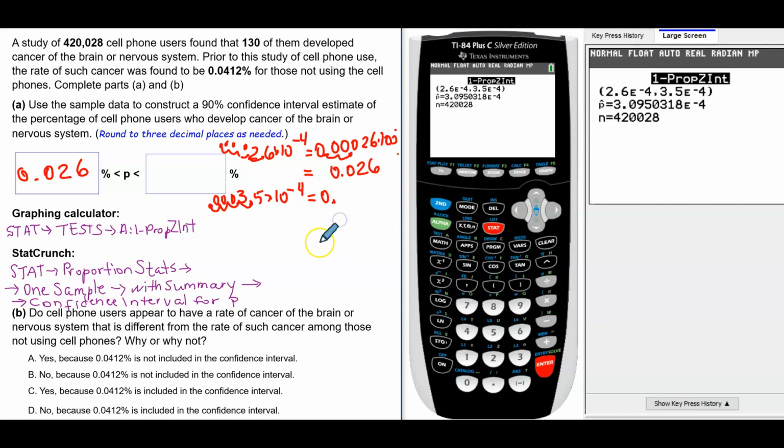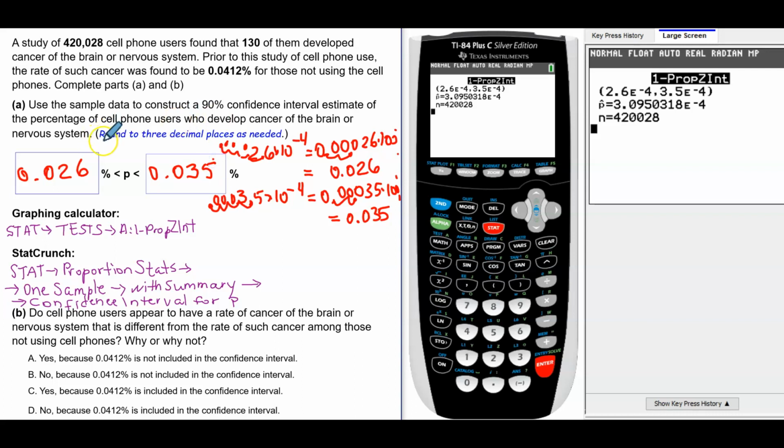We have 0 before the decimal point, then 3 zeros, and then 35. And of course, the right limit is also in percentages, so we need to multiply by 100% by moving the decimal point 2 times to the right. 1, 2. So our right limit is 0.035%.